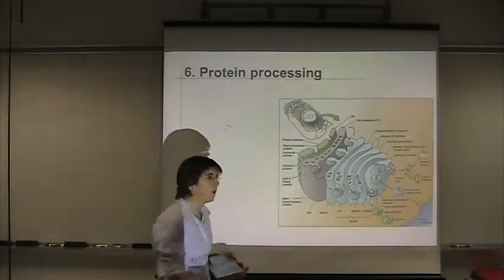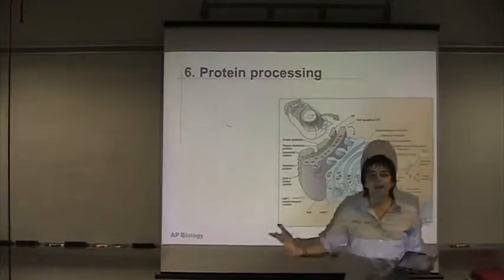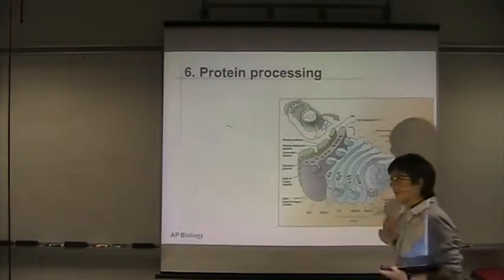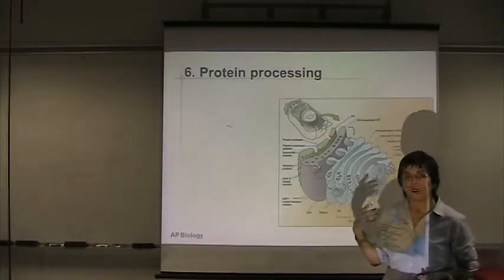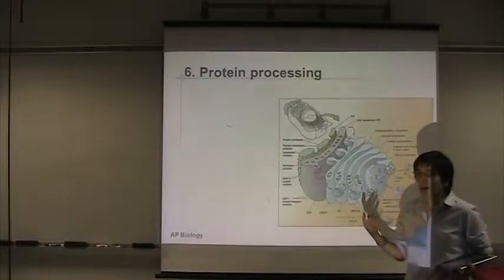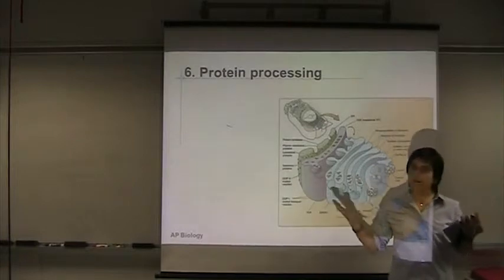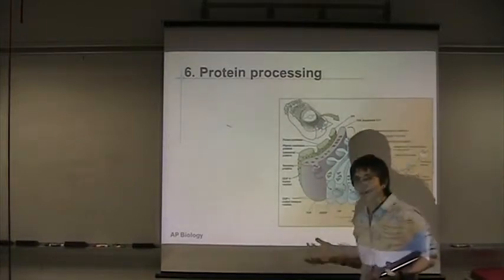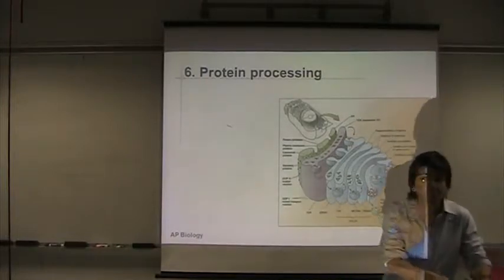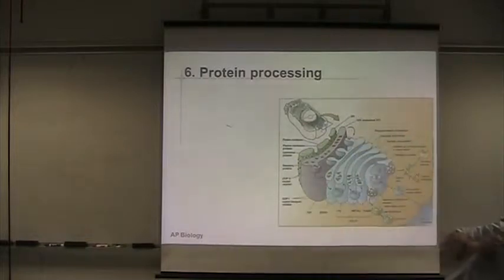Well, now, let's pretend that we made a protein, that messenger RNA made it to the ribosome, everything went well, and we were able to complete translation. What the ribosome makes is really officially called a polypeptide, just a chain of amino acids. It's not done yet. Remember that a protein, to be totally done, has to fold.